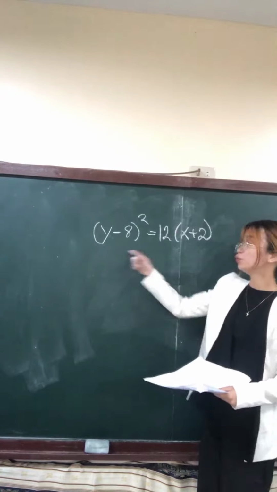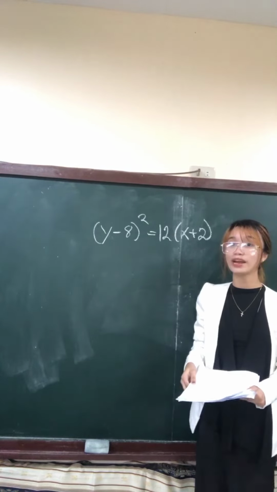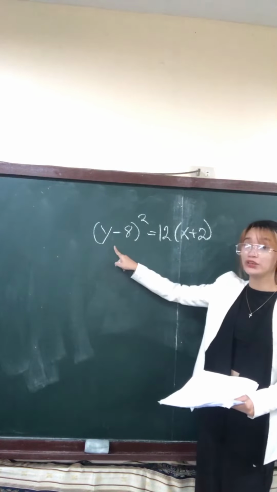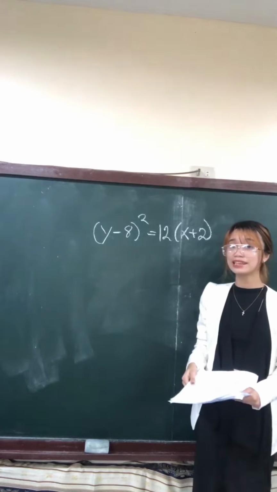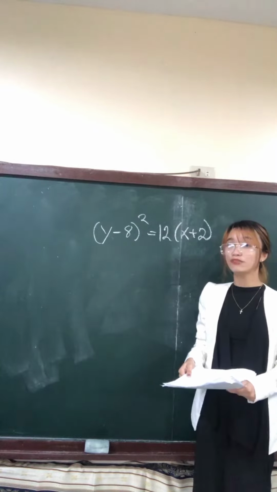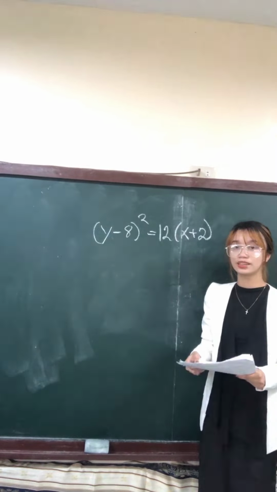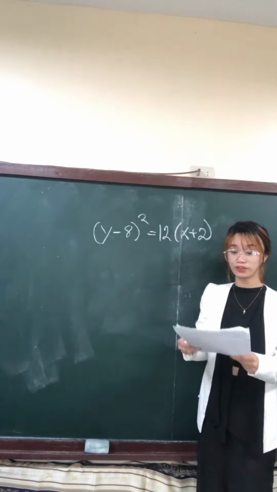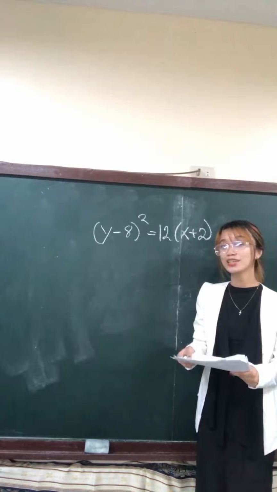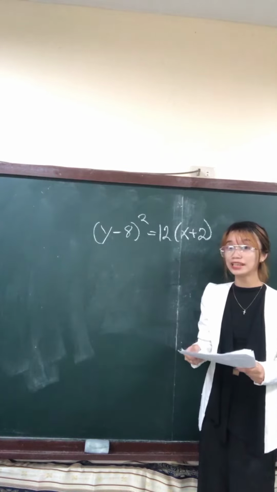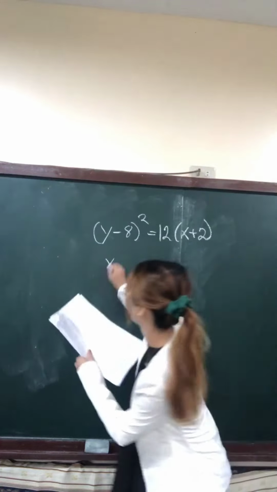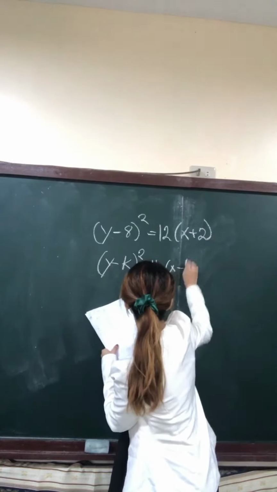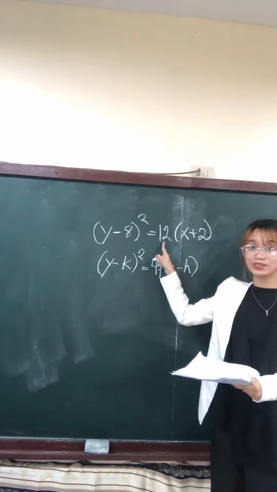For the equation, we can see that this is in the form of y squared equals 4px. But since we have values with y and x, this means that the vertex is in the form of (h, k). So as we have the vertex (h, k), our basic equation for this is (y minus k) squared equals 4p times the quantity (x minus h), where 4p equals 12.